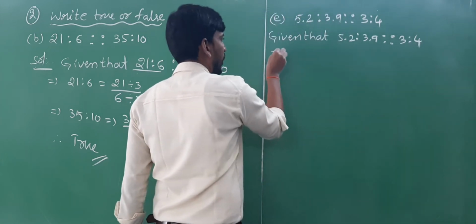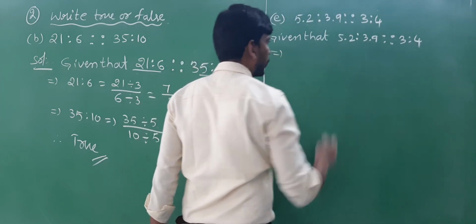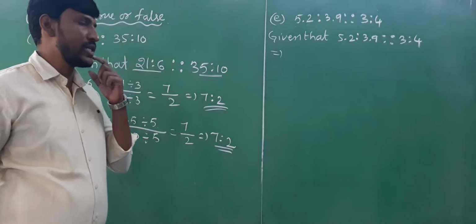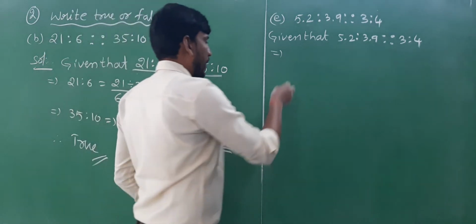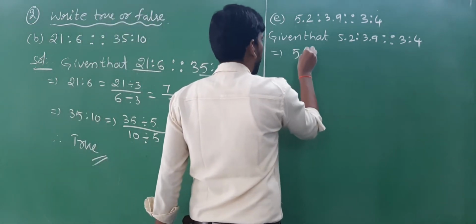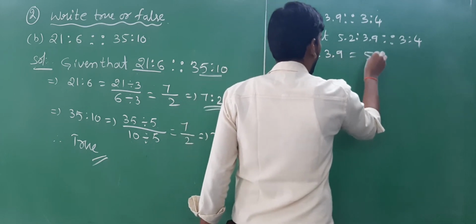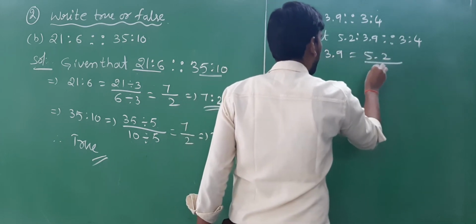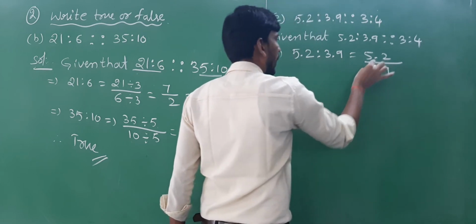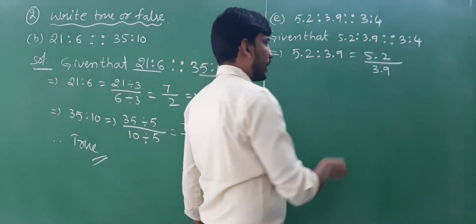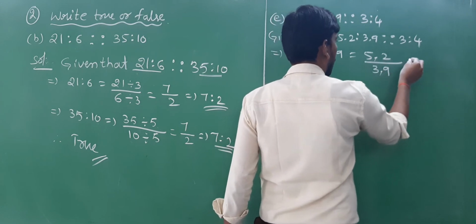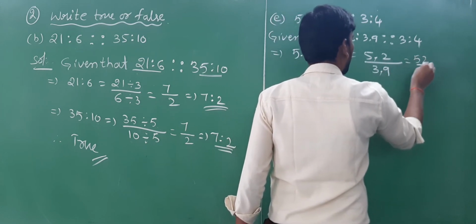First of all we need to find out the simplest form of these two. See, 5.2 is to 3.9, both are having the same decimal, so it can be written as 5.2 divided by 3.9. Both have one decimal point, we can cancel both the decimals directly. You will get 52 by 39.